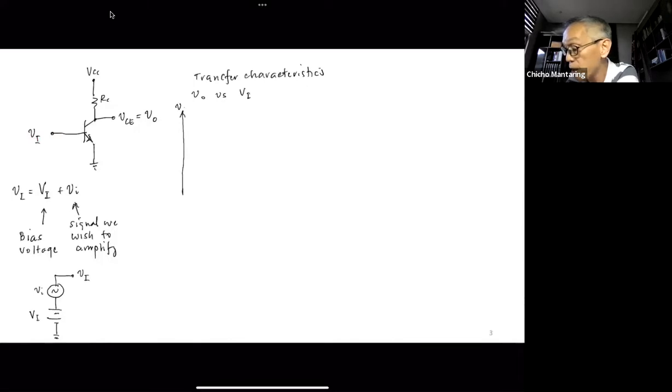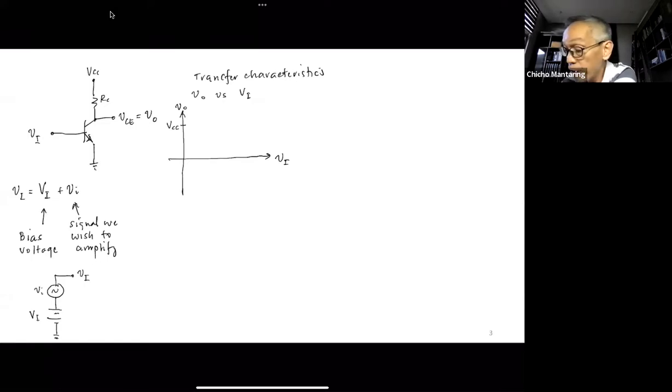So we have v_O here, and then we have v_I here. We said that for small values of v_I, the transistor will be cut off. If it is cut off, i_C will be equal to 0, and therefore v_O will just be equal to VCC. So you have VCC here. This is your cutoff.